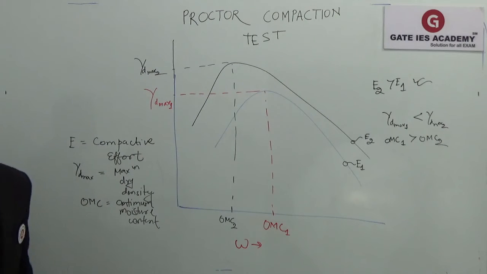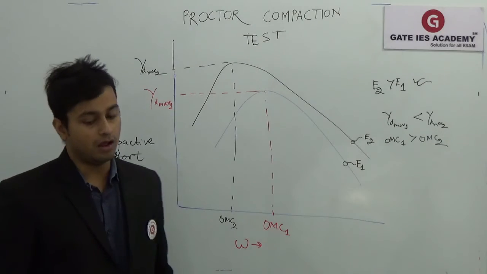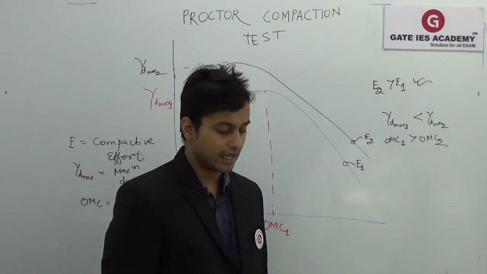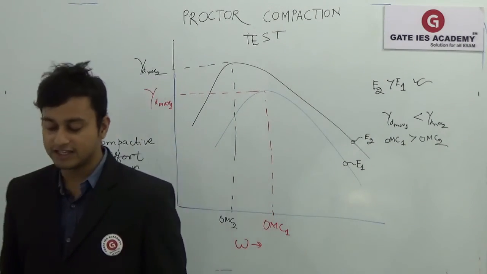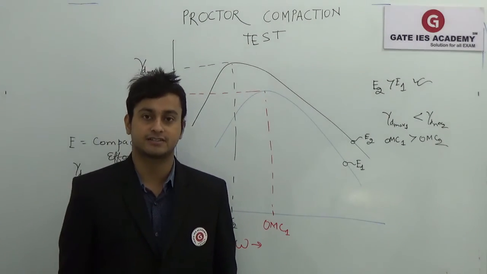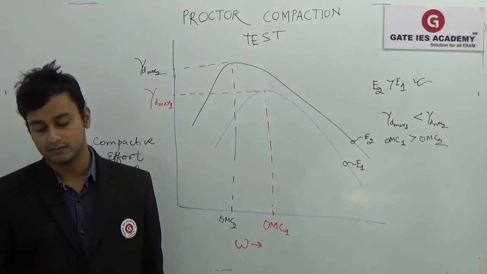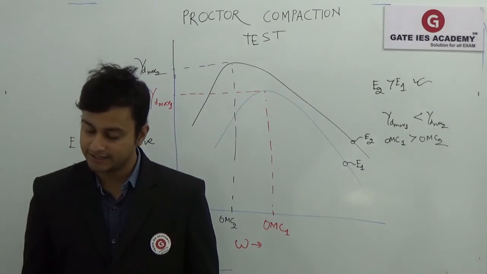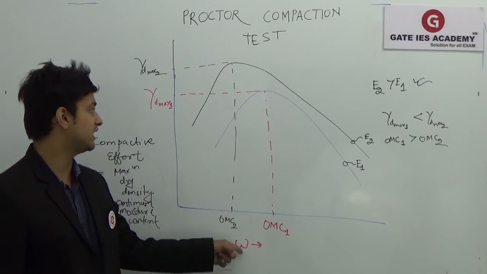Please write down. As per Proctor, a definite relationship exists between the soil moisture content and the degree of dry density to which the soil can be compacted.